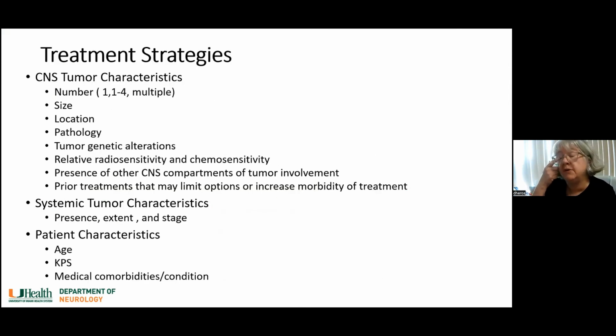So we're all familiar with the decisions in determining our treatment strategies. And those decisions depend upon the CNS tumors, the systemic disease, and the overall condition of the patient. So for CNS tumor characteristics, we take into consideration, of course, number, whether it's a single met versus what's called oligometastasis, usually up to 4, and then multiple metastasis.